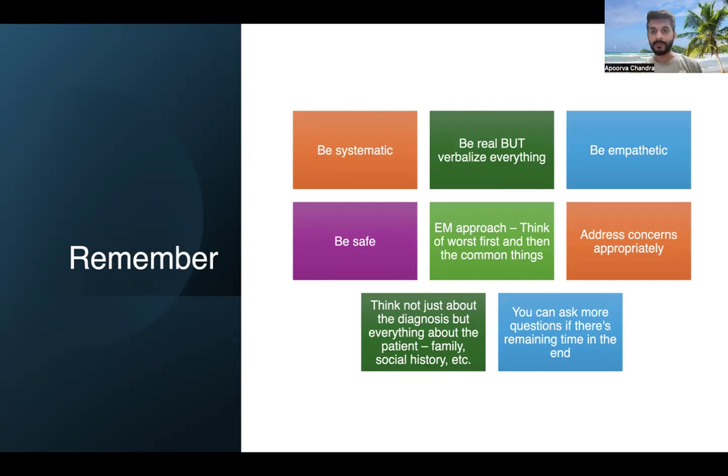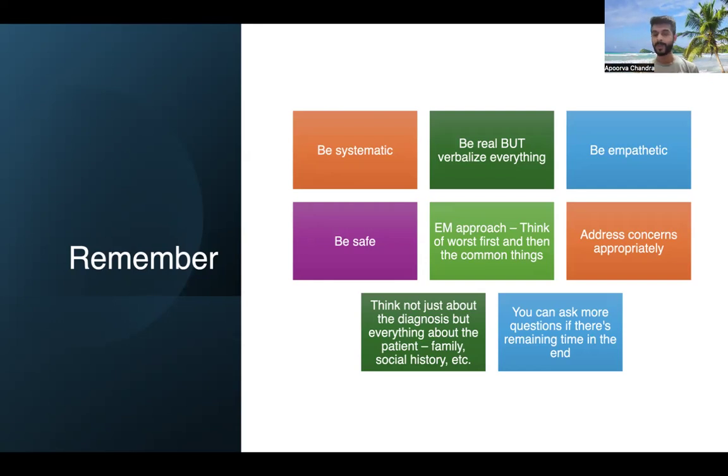Another important thing when you formulate a plan is not just thinking about the patient and the diagnosis, but also thinking about the patient overall. In the sense, you think about how the patient copes at home. For example, if it's an old patient, and imagine you put a collar or a sling on the patient, and you send them home, will they be able to manage by themselves at home?